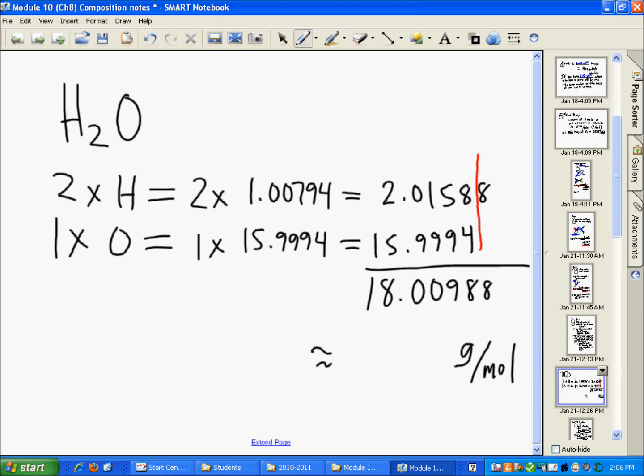And it's another 8. But the rule for addition and subtraction for significant figures is to round off at the last significant figure, which in this case is that 8. We got a different answer? Yeah, when we did it before I had 18.0153. Can you check the calculation again for me?